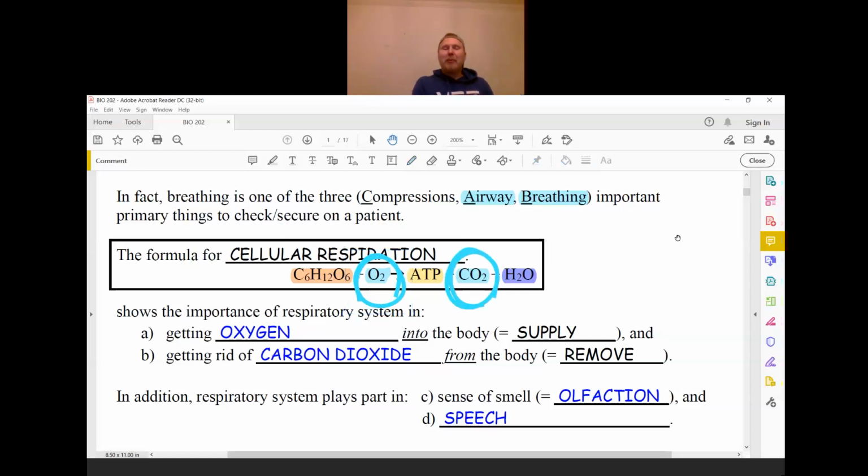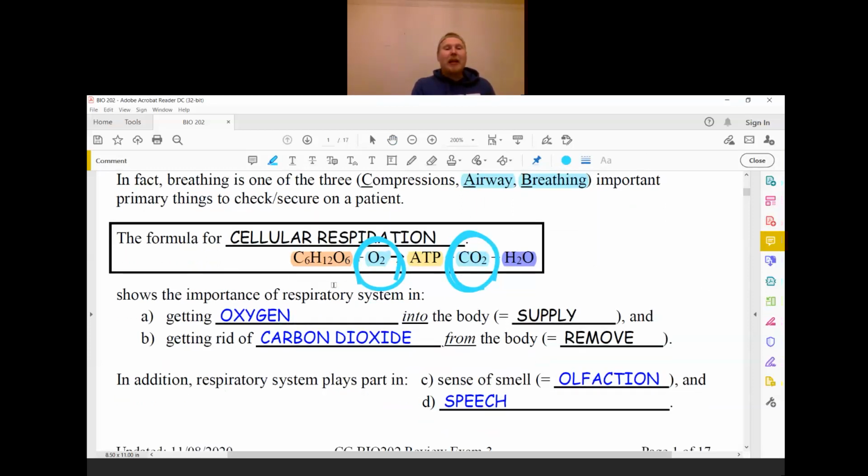So this is really putting everything on a bigger map, reminding ourselves why the respiratory system is as important as it is. We are seeing the main functions, again, just highlighted there. Getting the oxygen into the body, so supplying oxygen to the tissues, and removing the carbon dioxide from the body.